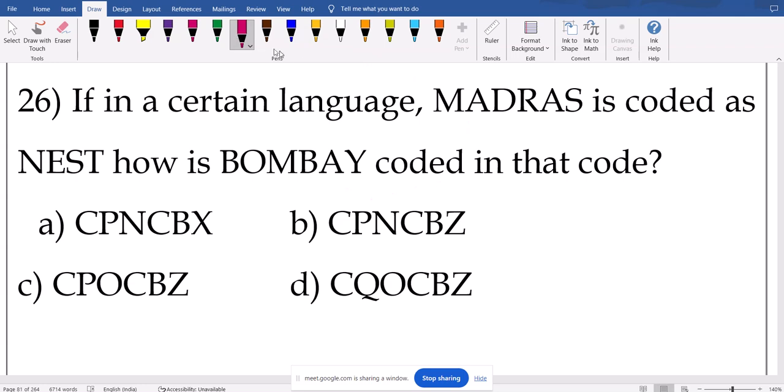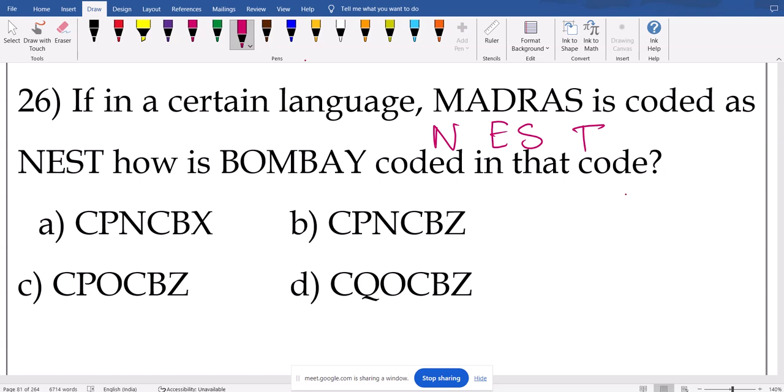M next letter is N, D next letter E, R next letter, S next letter, they removed the vowel. It seems A is a vowel. But in the options they have given everything directly. The initial logic is they need to remove the vowels, and for consonants take the next letter. Fine, let it be whatever it may be.